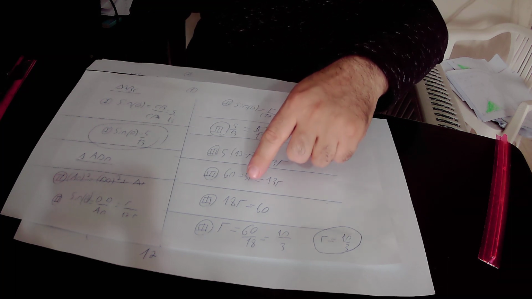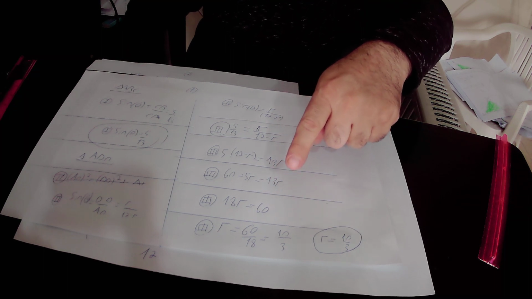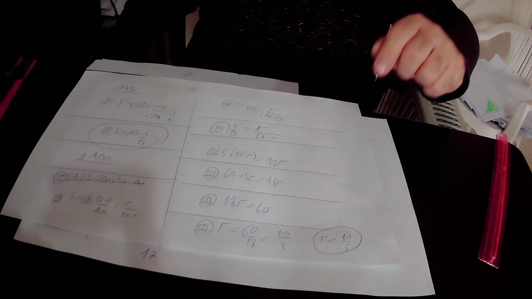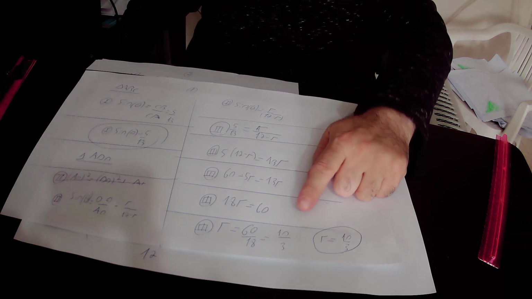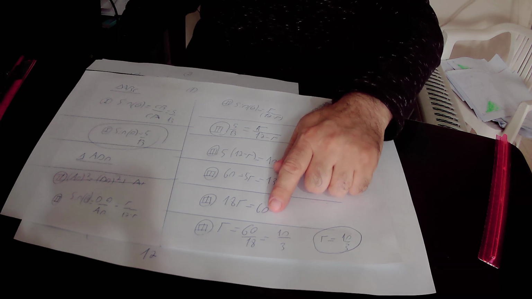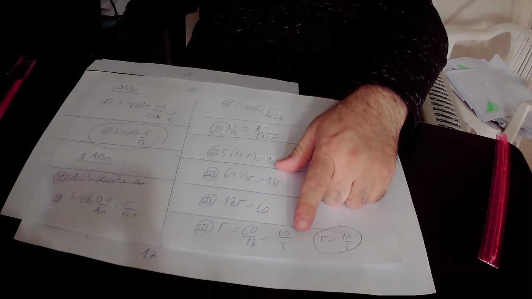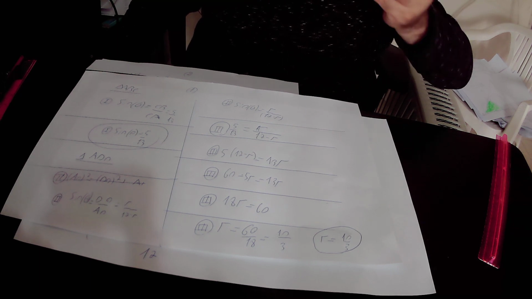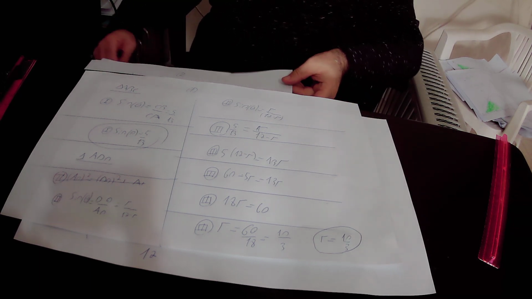We divided by 18, and we got that the radius of the semicircle R equals 60 over 18. We divided both the numerator and the denominator by 6, and we got 10 over 3 units.